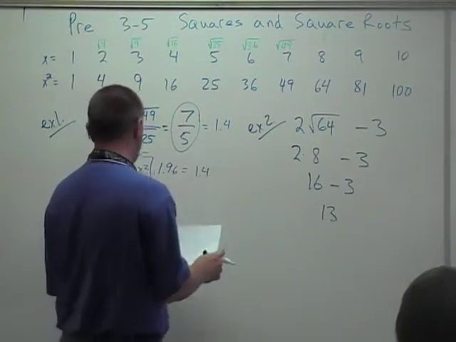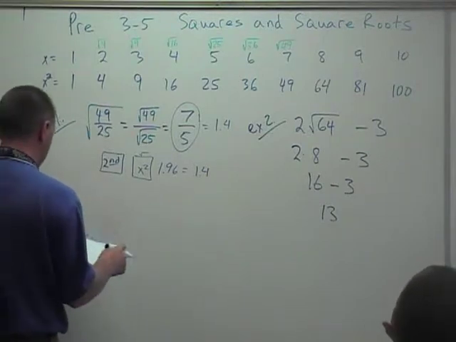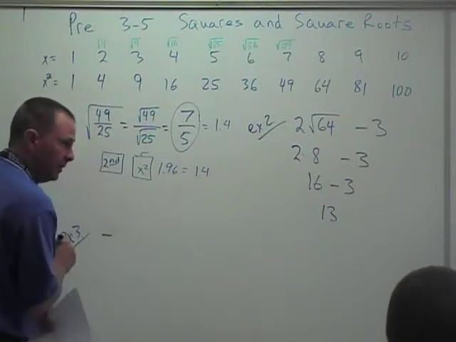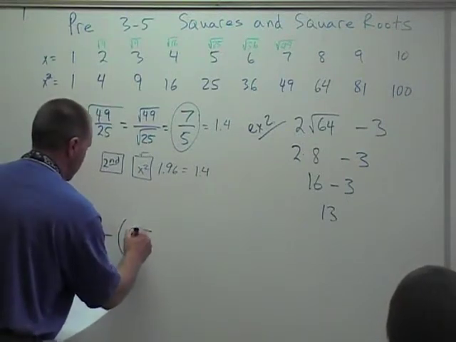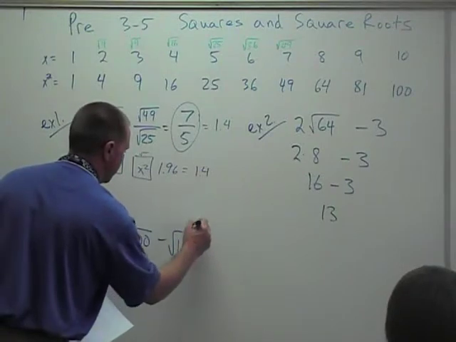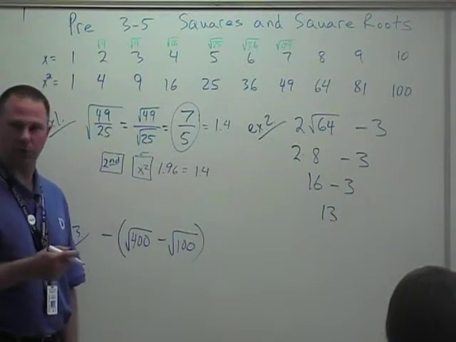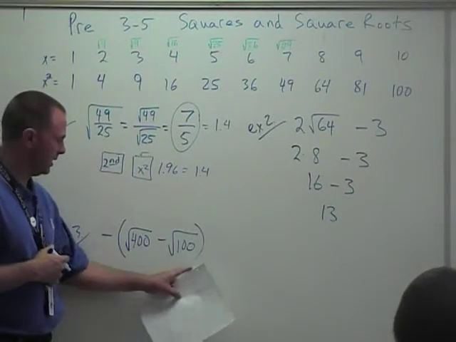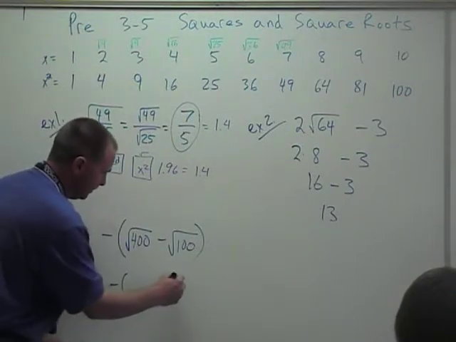Awesome. Now, example 3 down here. The negative of the grouping, the square root of 400 minus the square root of 100. So we must do our grouping symbol first, inside the parentheses. The negative doesn't disappear.